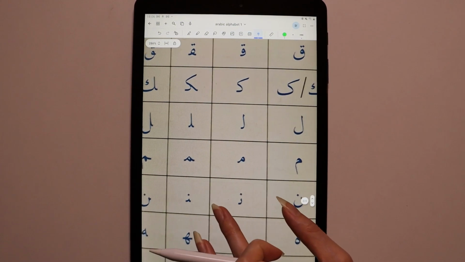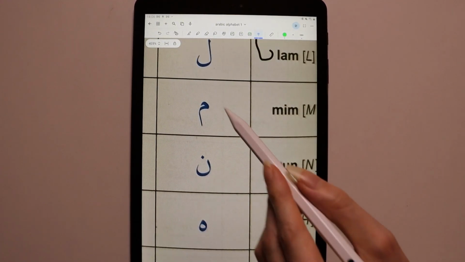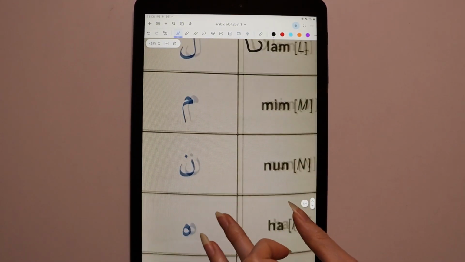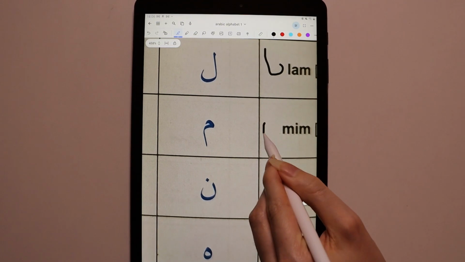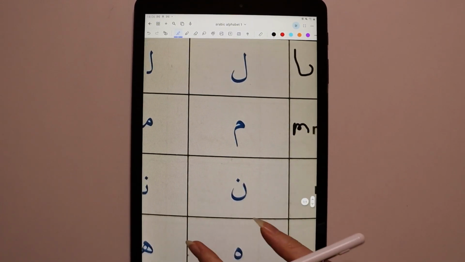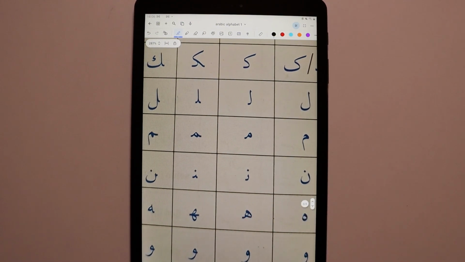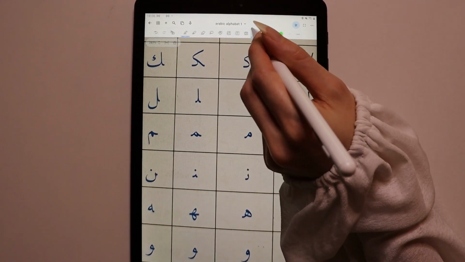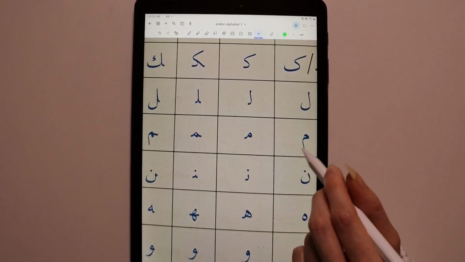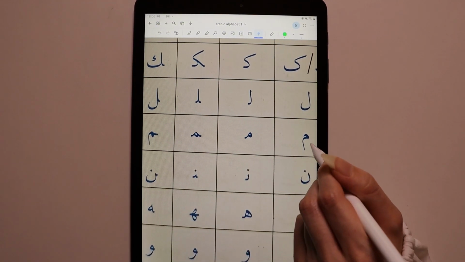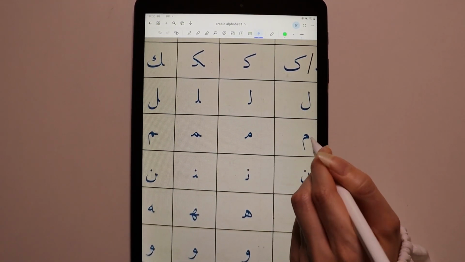Now we have the meem. Meem is like an M. And meem doesn't look exactly the same at the end as the isolated letter, but kind of.